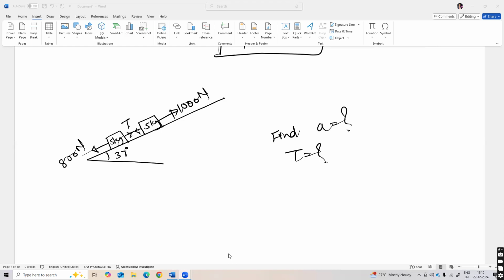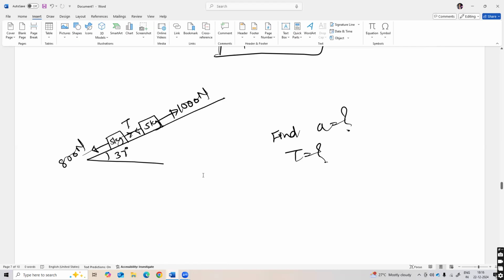I think you also got values, right, Vaibhav? You told, right? Your T value you are getting very high. Okay, fine. I will solve it. No problem.